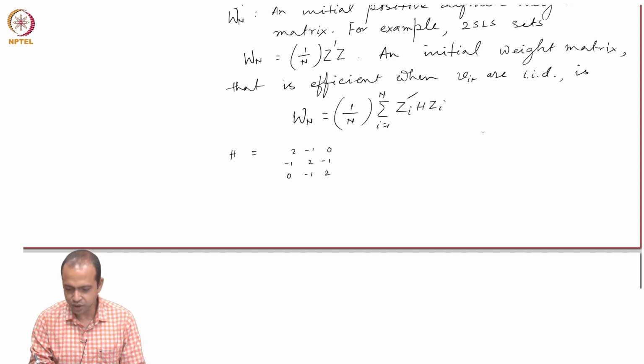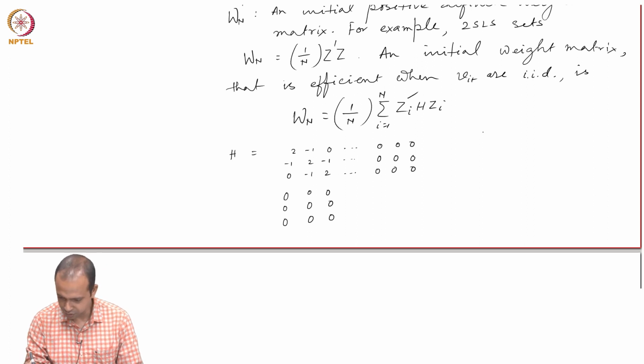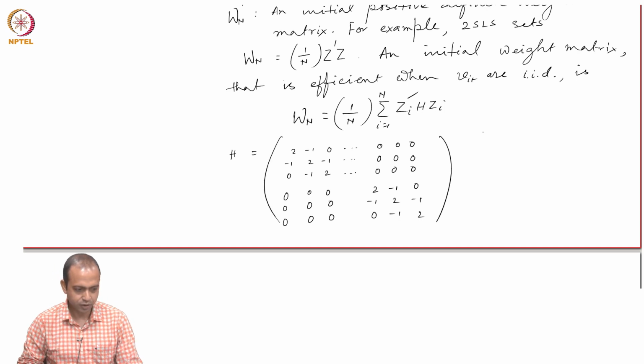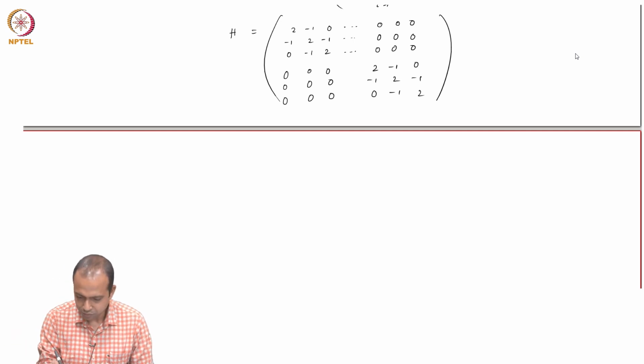So that means 2 is there on the diagonal element, and then these are all 0, and this is also 0, and this is again 2, minus 1, 0, minus 1, 2, minus 1, 0, minus 1, 2. This is basically the H. Now, how do you get the 2-step GMM?